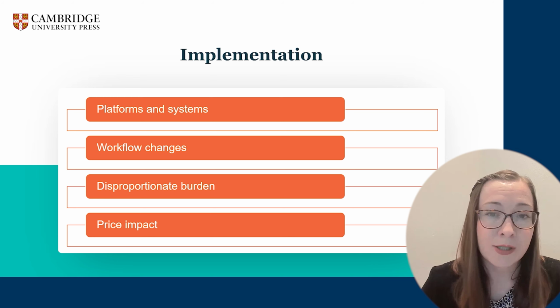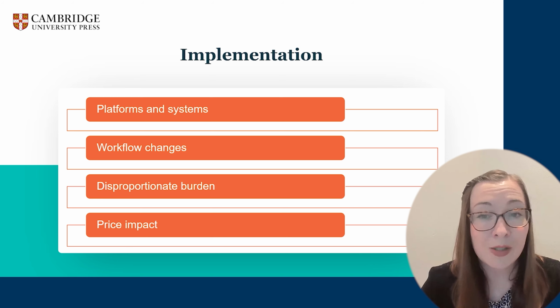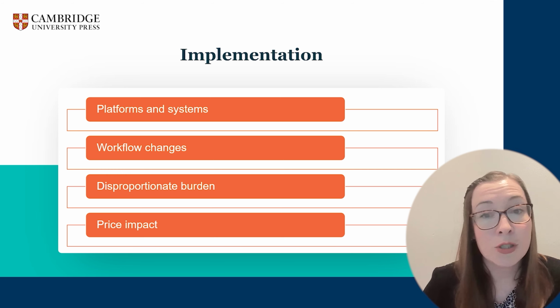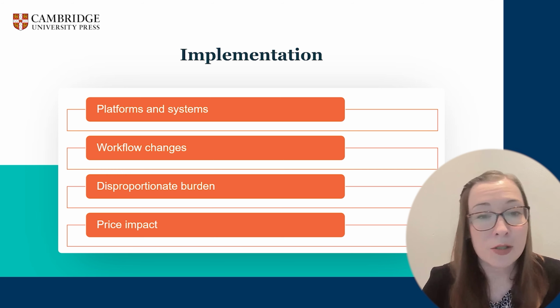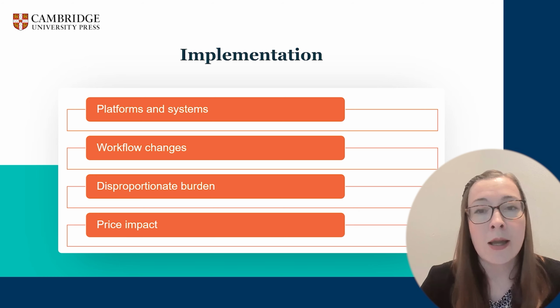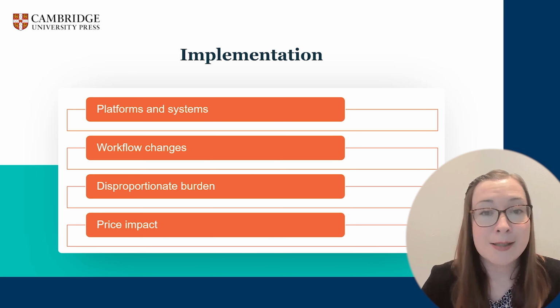Obviously, we want to make our products as accessible as possible, but it is a good idea to have a workflow in place for these scenarios, which should include comparing the cost of implementing the alt text against the projected profit of the title. And again, please seek legal advice through your business on this.